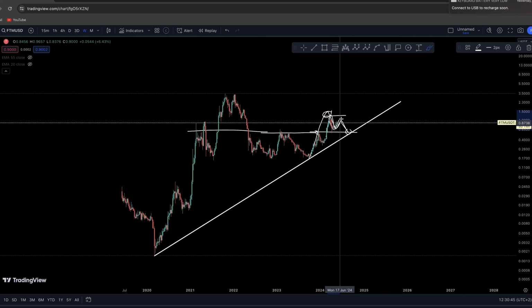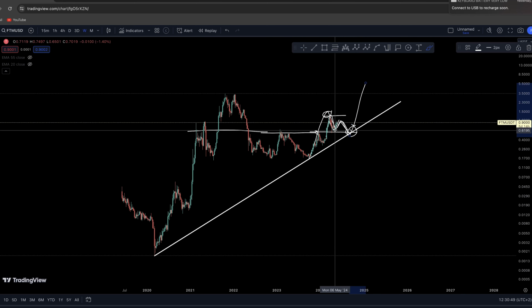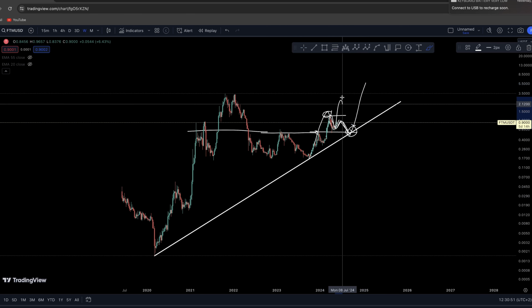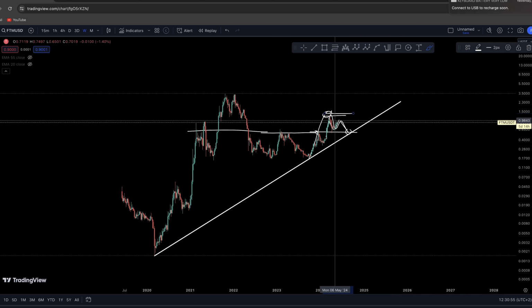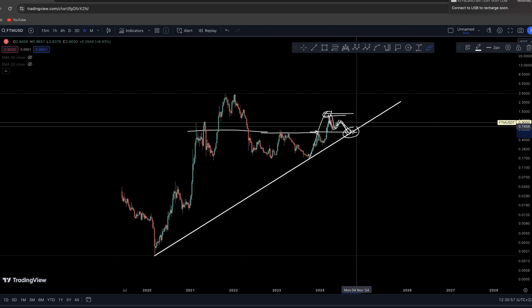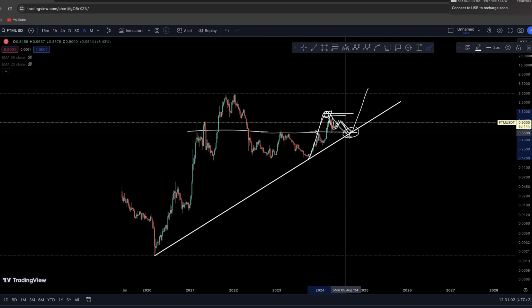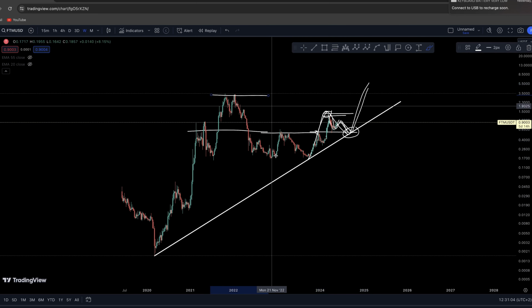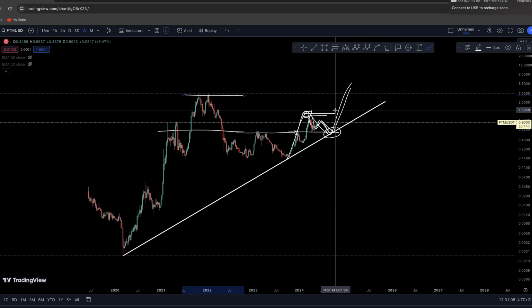Now we're coming for an A, B, C, wave 2, and then looking for your wave 3. So not putting in this final 5th wave I was talking about earlier to $2, but instead, if we fail to take $1.20, pulling back in an ABC, back to crucial support, and then going for the next wave up where you've got a wave 1, a wave 2, and the wave 3, which potentially takes out this all-time high and goes on to those $8 and $23 targets I was speaking of before.